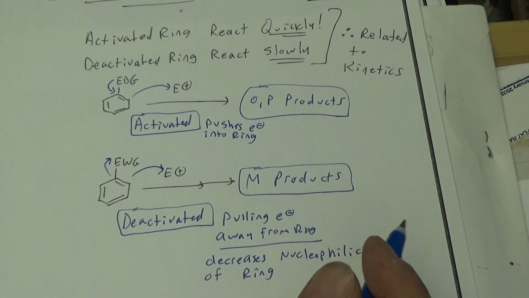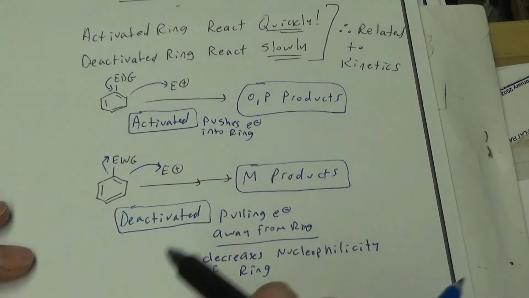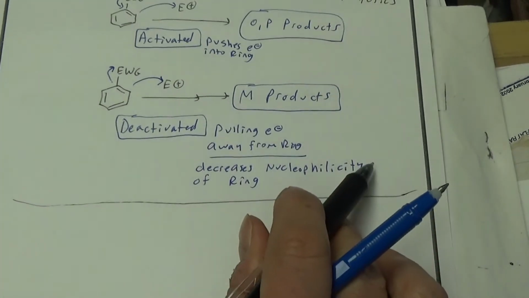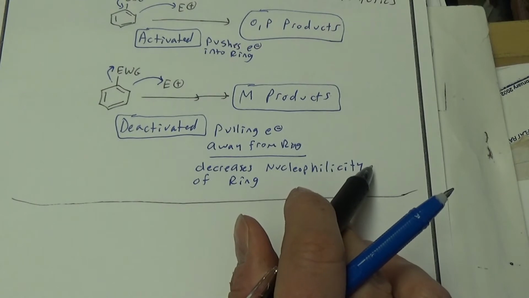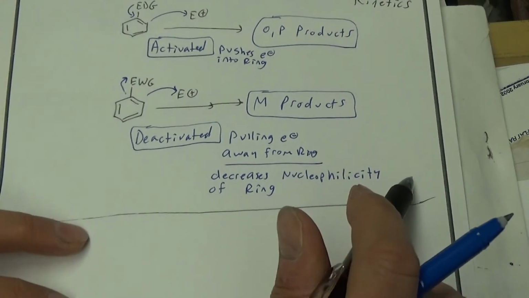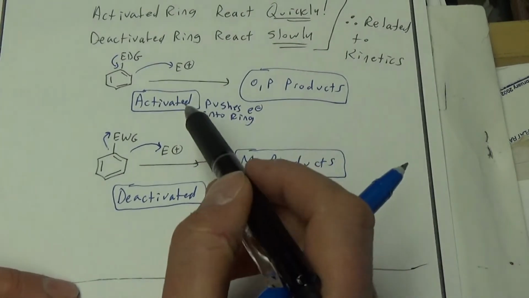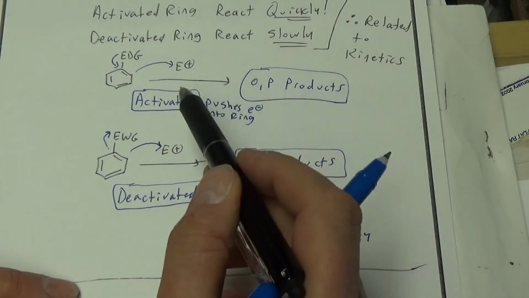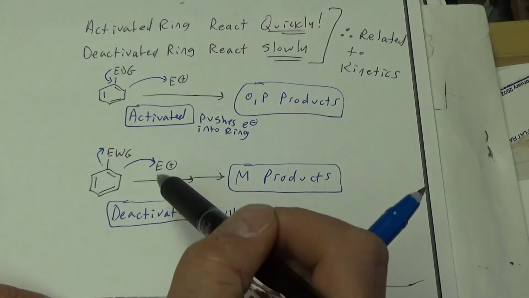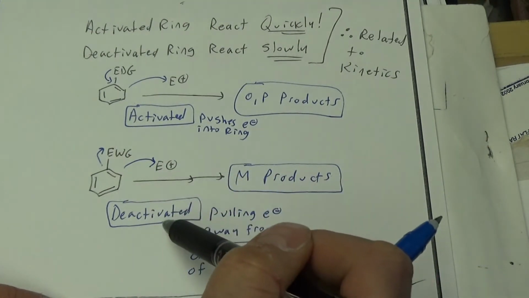But there's just a little twist to this. So let's review the different kinds of substituents again. Basically what we're going to find is, for the most part, ortho-para directors are going to be activators and electron withdrawing groups are going to be deactivators.